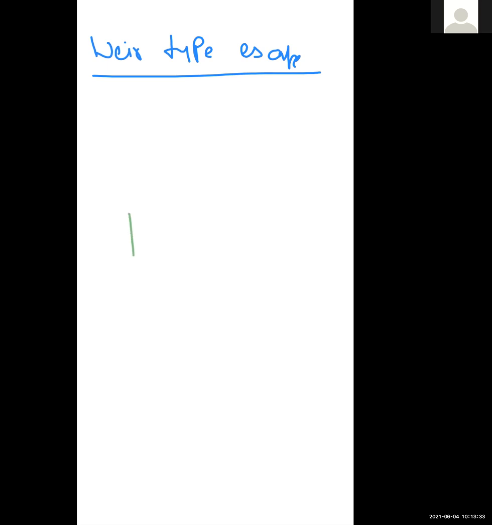So this is the weir. This is the weir. And the escaped water is mixed into the flow of the natural drain.